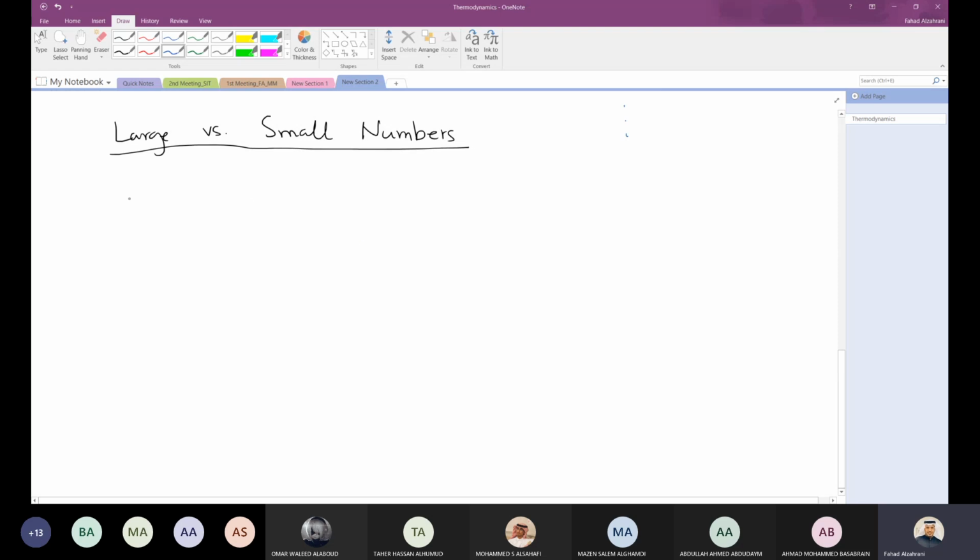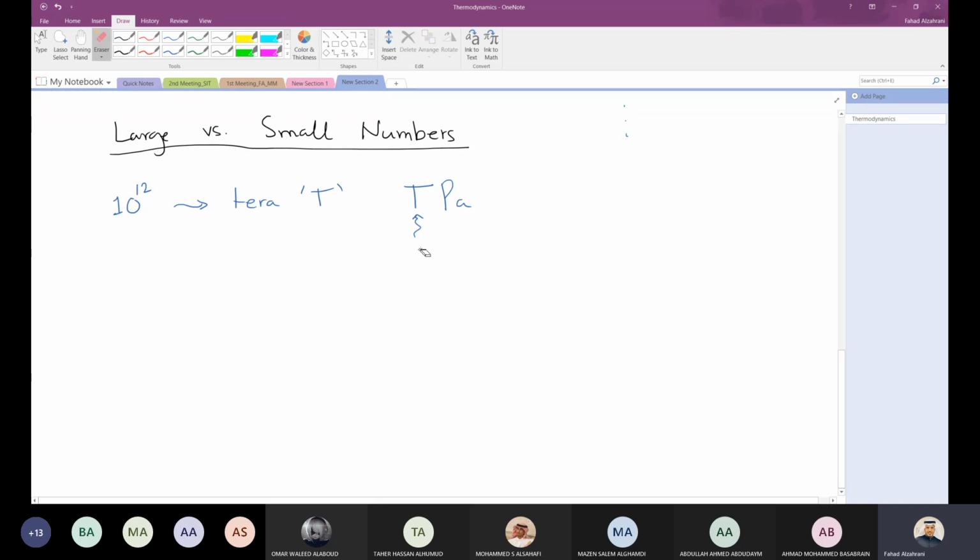For example, we can use 10 to the power 12. This is what we call tera, and it has the letter T. So when I have a very high pressure, let's say we have terapascal. It's possible. So tera here represents 10 to the 12.